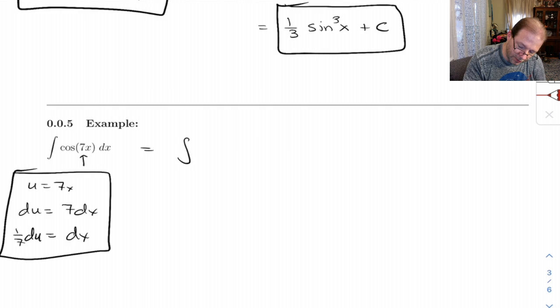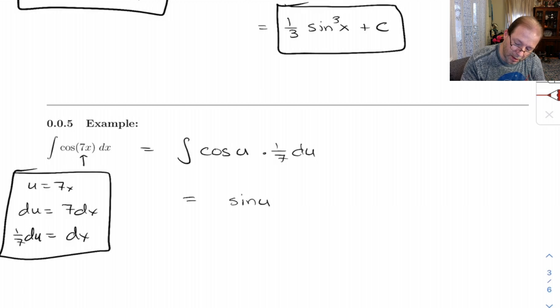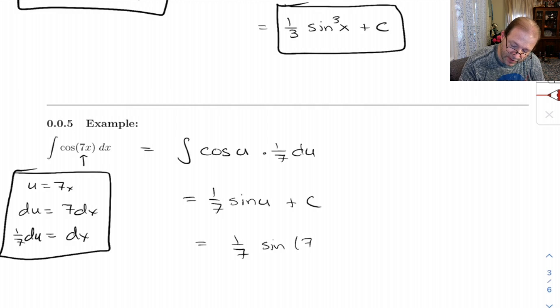I get integral of cosine u, and then dx gets replaced with 1/7 du. I'm going to integrate cosine, I get sine. And that 1/7 I'm going to stick on the front, plus c. So you get 1/7 sine of 7x plus c.